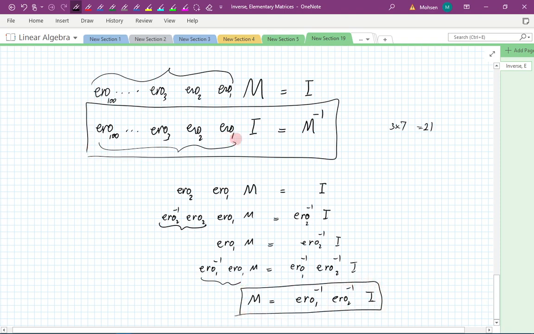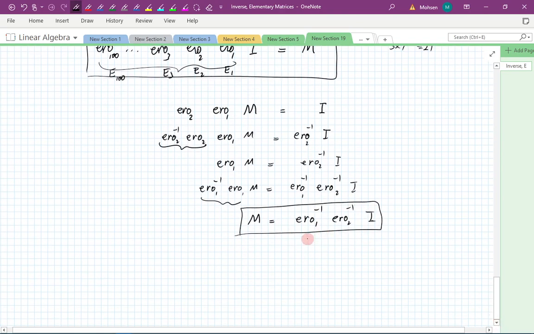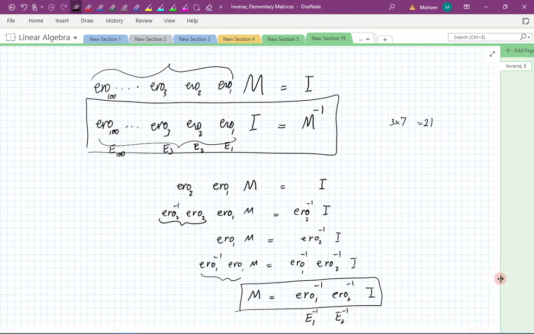Now for each of these things you might write your matrix E1, E2, E3, and so go as far as it takes, E100. And for M inverse this will be E1 inverse, E2 inverse, and then your identity. So both the matrix and its inverse get broken down to the product of elementary matrices.